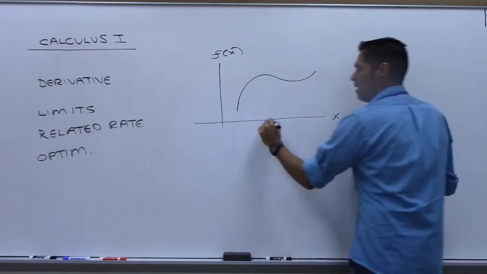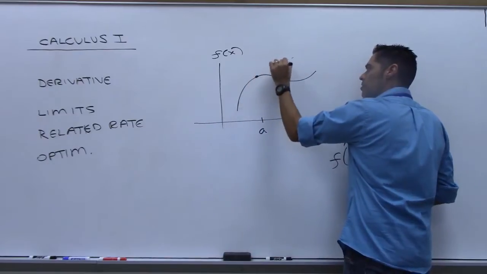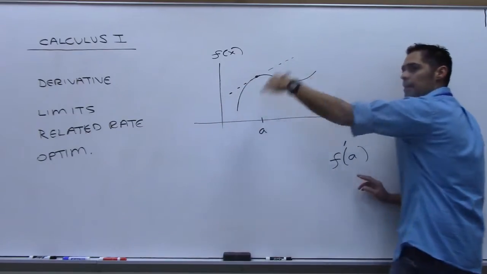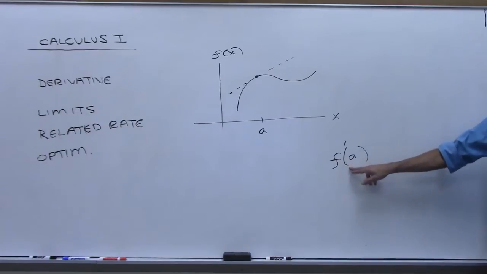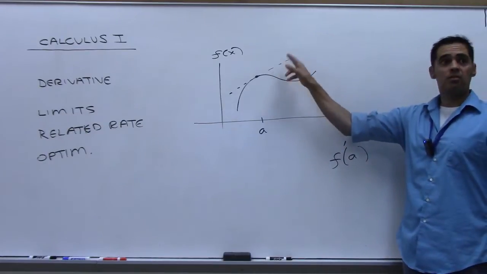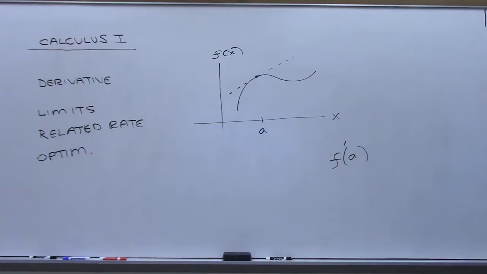We would go to some value, whatever it is, a. We'd go up onto the graph. We'd imagine a tangent line to that graph. This numerical answer represents the slope of that line, right? That's geometrically what was happening with the derivative.